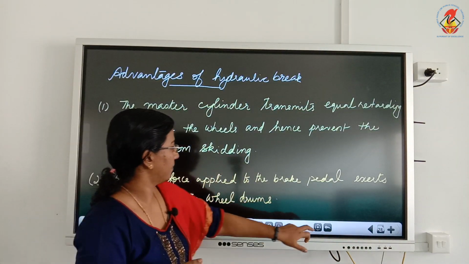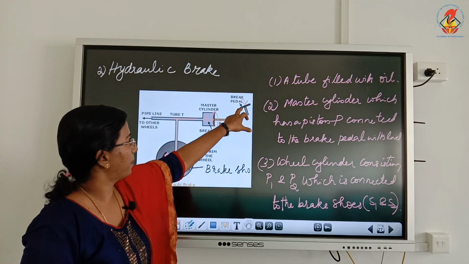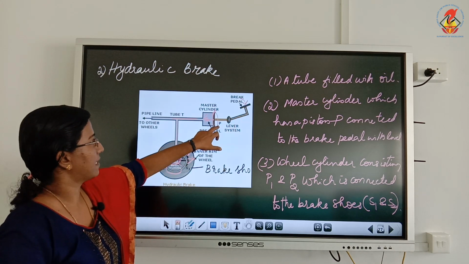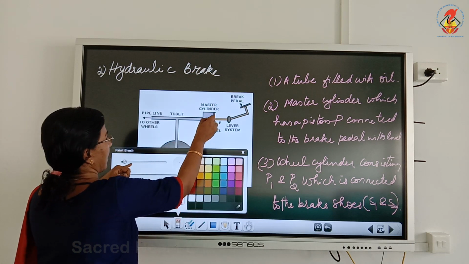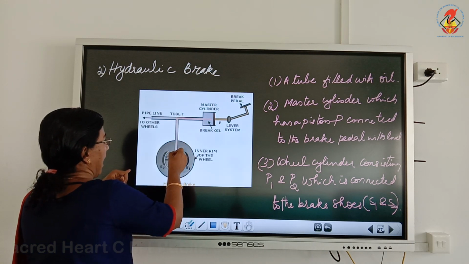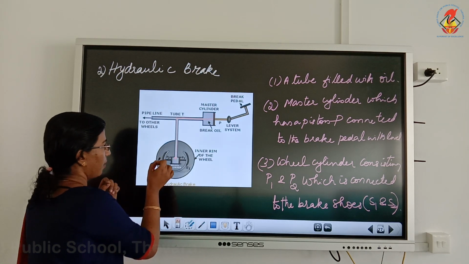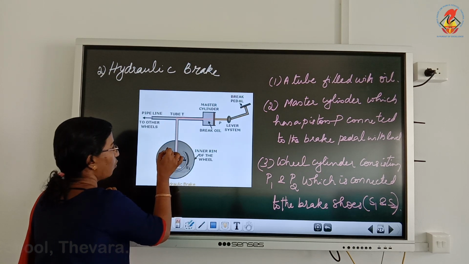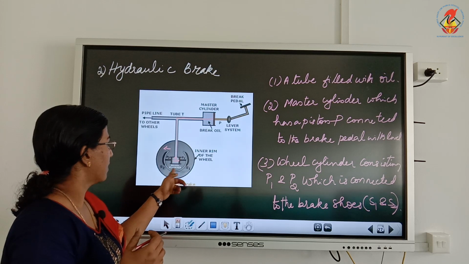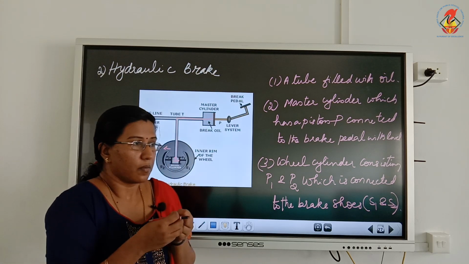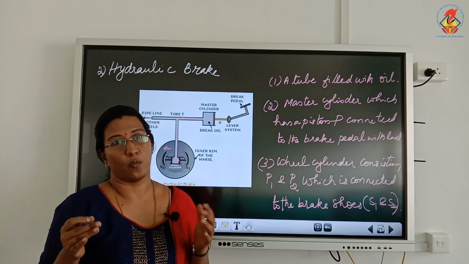So what happens? First, pressure is applied on the brake pedal. That brake pedal will move the piston inward in the master cylinder, and this pressure is transmitted equally in all directions, and it will be transmitted to the wheel cylinder of one wheel. This pressure makes the pistons P1 and P2 move outward, and as a result the brake shoes, which are connected to the pistons, will go and touch the rim of the wheel, and they retard the motion of the vehicle, and the vehicle will stop.